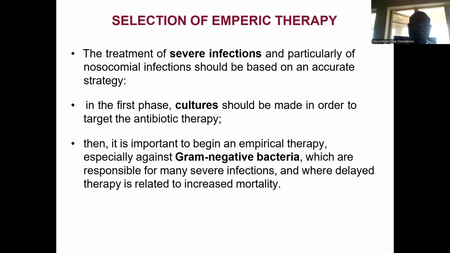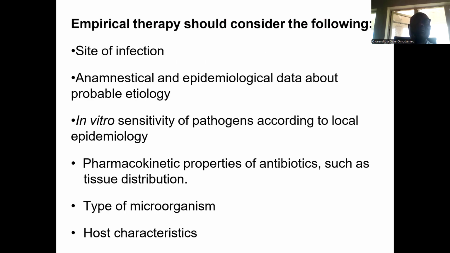So selection of empirical therapy, the treatment of severe infection, and particularly of the nosocomial infection, should be based on an accurate strategy in the first phase, in order to target the antimicrobial therapy. And then it is important to begin an empirical therapy, especially against gram-negative bacteria, which are responsible for many severe infections, where delayed therapy is related to an increase in mortality.